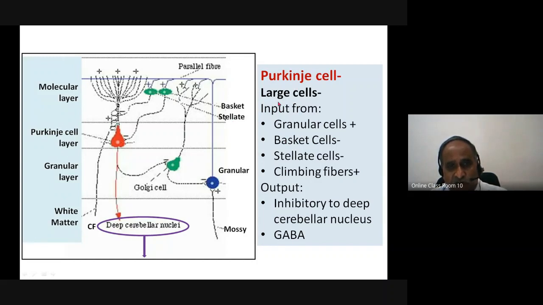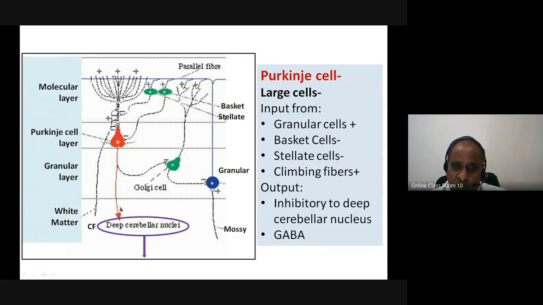The Purkinje cell also receives input from the baskets. This is a stellate cell, and this is a basket cell. Basket cells project to the soma of the Purkinje cell, and the stellate cells to the dendrites of the Purkinje cells. And it receives input from the climbing fibers.